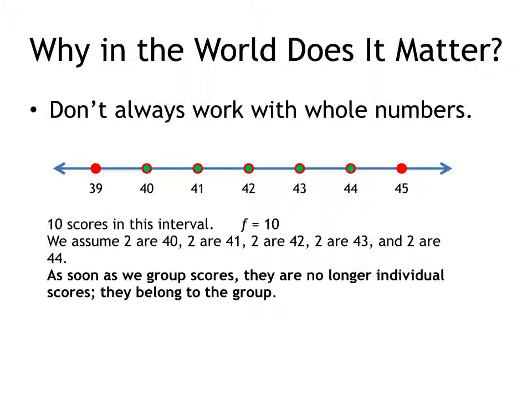It doesn't matter how many there were of each. We assume that they're evenly distributed across that range. And this is for mathematical reasons as we get on with using analysis. You see, as soon as we group the scores, they're not individuals anymore. They're spread evenly across the interval.